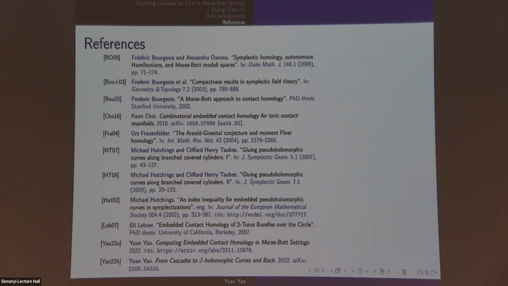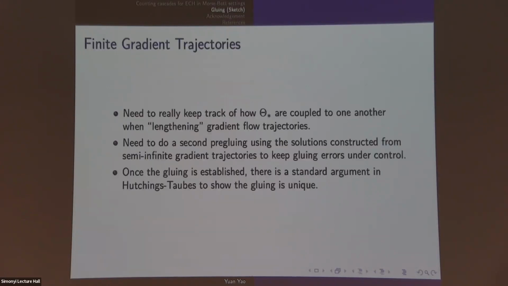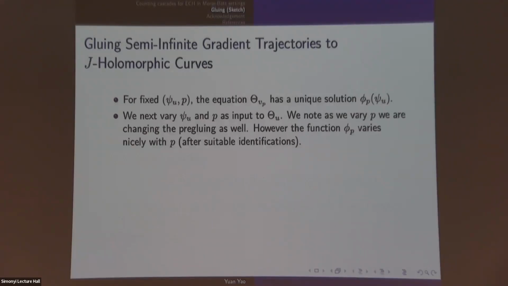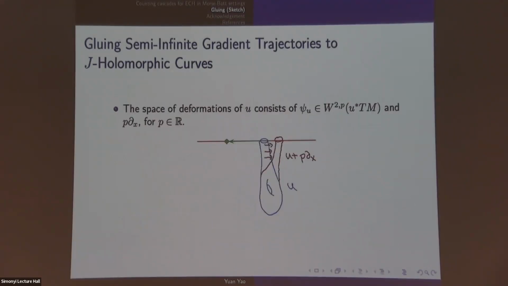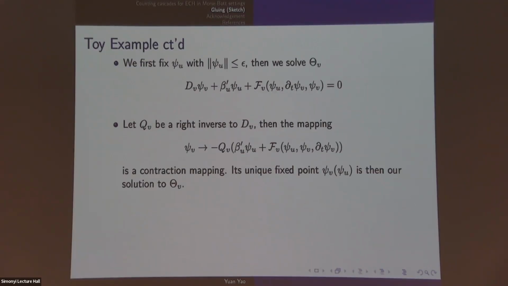I can tell you what the main difficulty is. You have to show the cascades counted by the U map are transversely cut out, there are no multiple covers, and even if there are higher genus curves, they don't contribute. You have to argue the moduli space of cascades is well behaved, and then the gluing should come in as here.